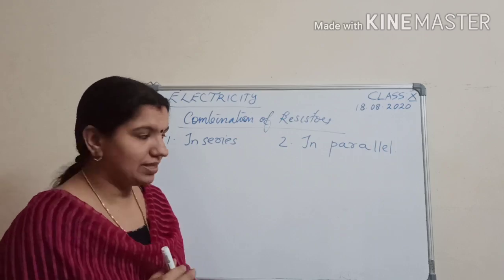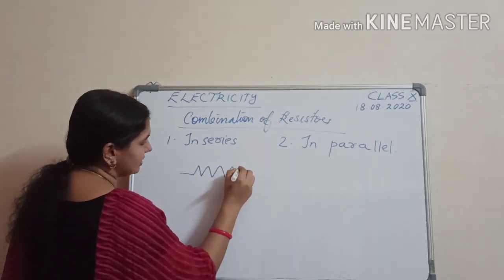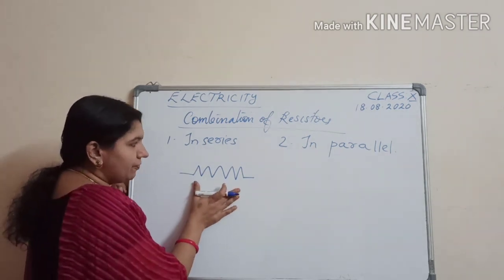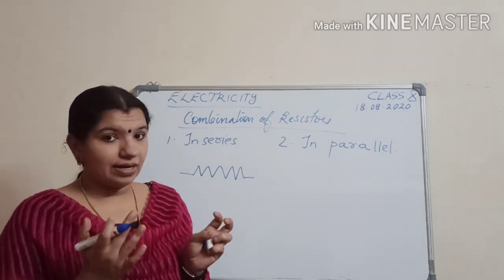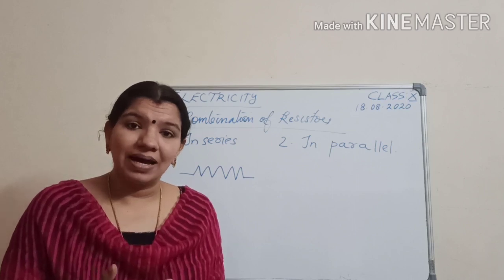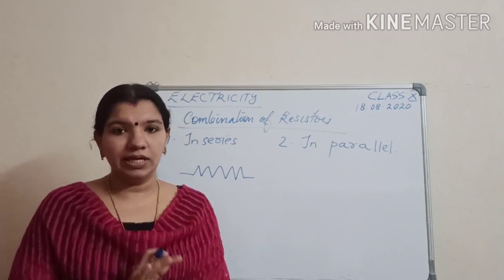This is the circuit symbol for resistance. You remember, right? Now, if we have to connect a large number of resistors in an electrical circuit, we can connect them either in series or in parallel, depending upon the need.